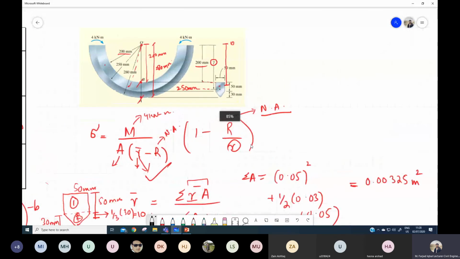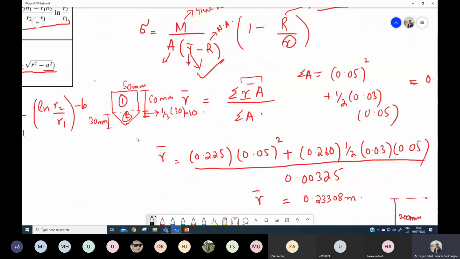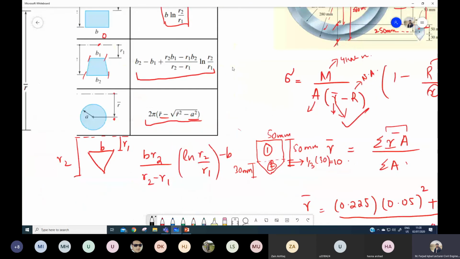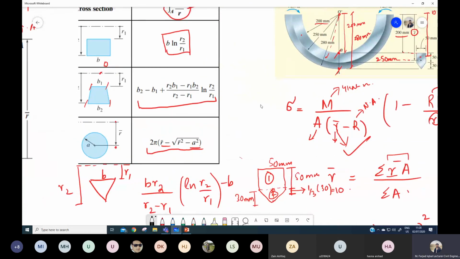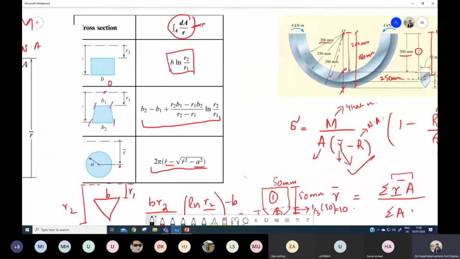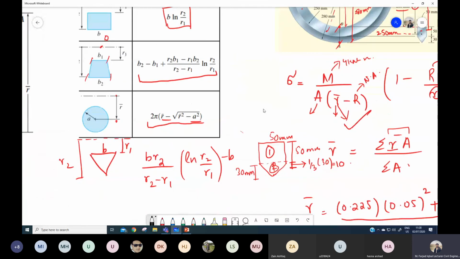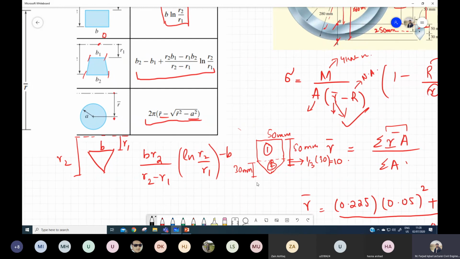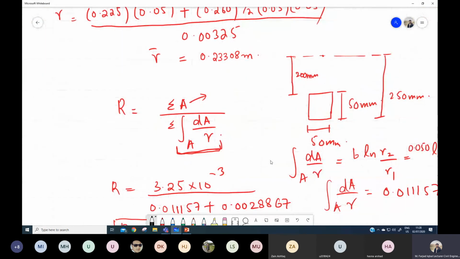A bit tricky thing is the calculation of this integral, but you have direct formulations for the shapes for which you know this integral, because otherwise it would get very complicated.